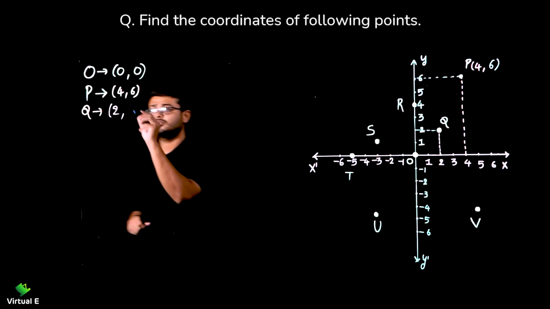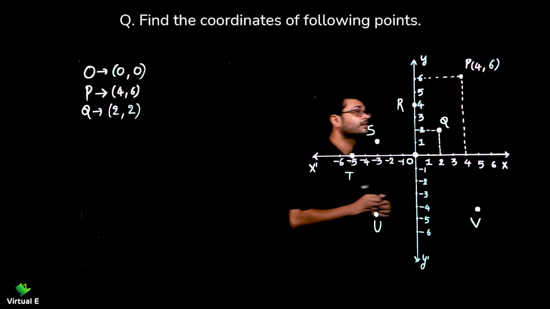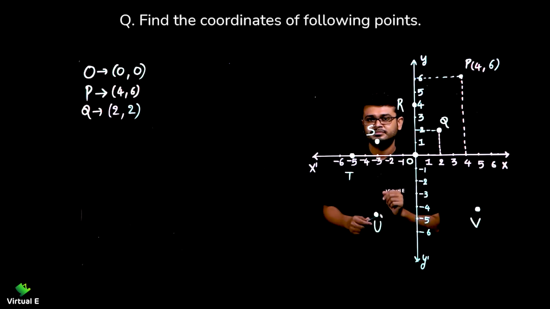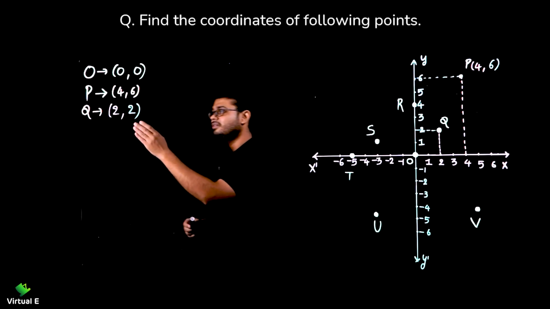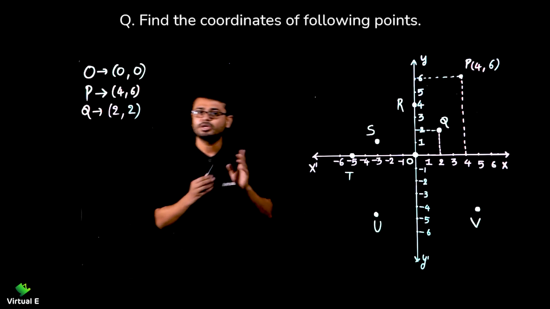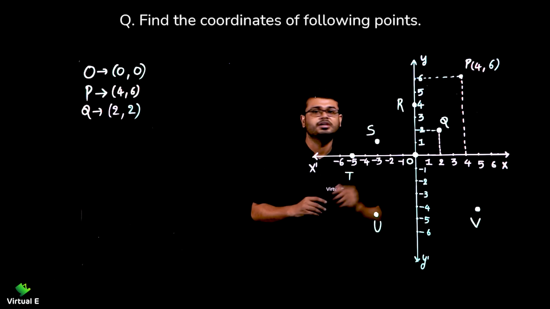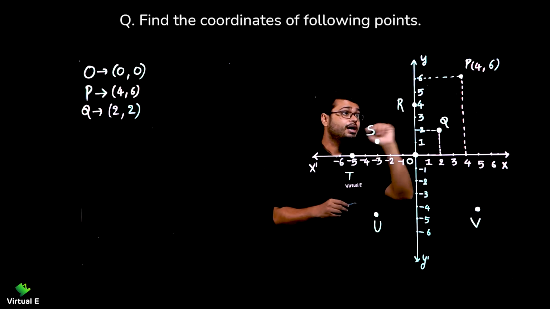So 2, 2. And you can see that both these points are in quadrant number 1 and their x coordinate and y coordinate have positive signs, because we know x and y coordinates are both positive in the first quadrant.